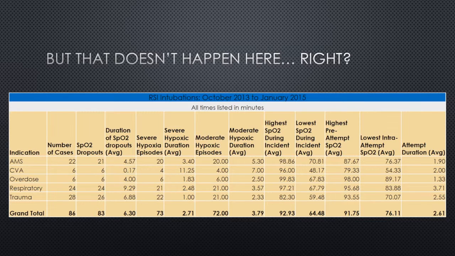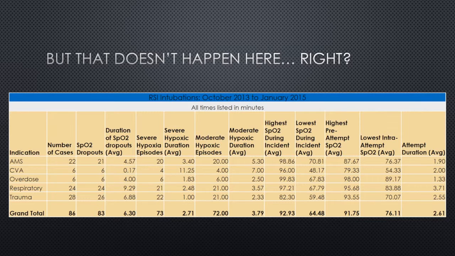So of these 86 intubations, 73 had episodes where there was a pulse oximetry data less than 80, 79 or less. 72 of them had episodes of saturations dropping somewhere in the 80s. Well, how long were these events happening? Severe, we had 2.7 minutes of pulse oxes under 80. And we had 3.8 minutes of moderate hypoxic episodes. So that's quite a bit.